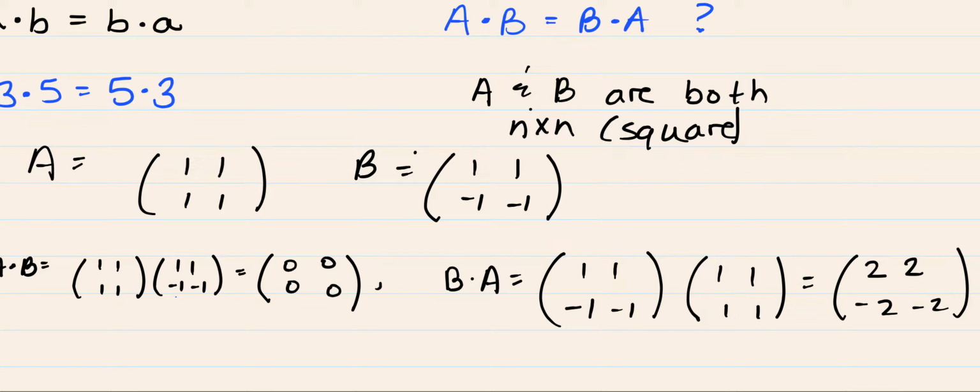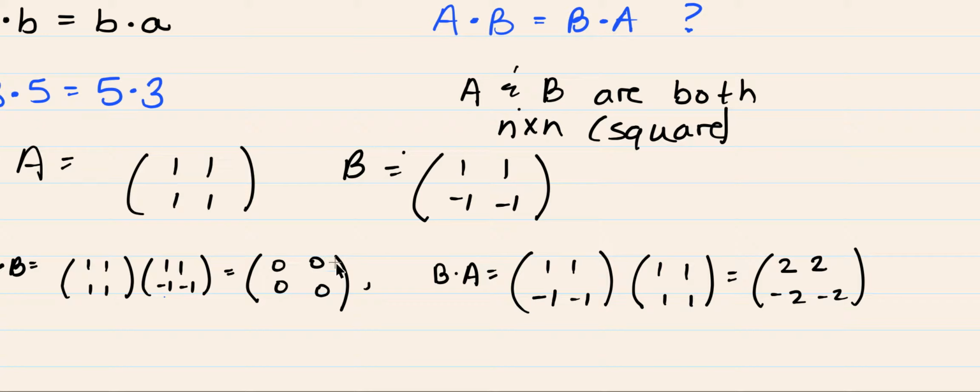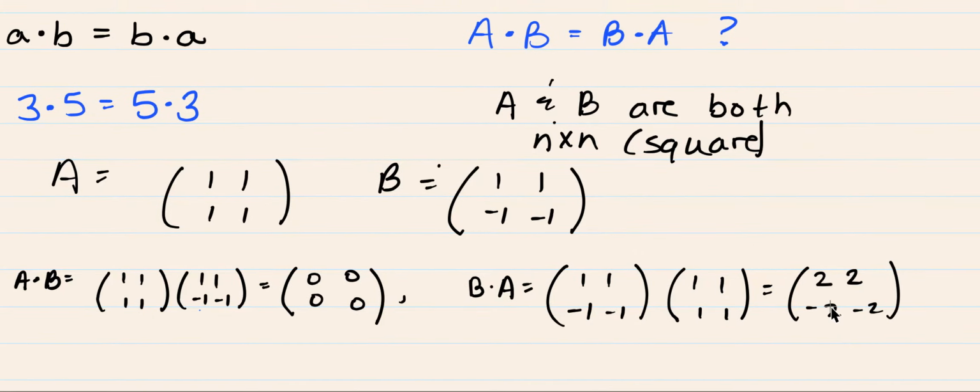And remember, for two matrices to be equal, they have to be the same size, and they also have to have the same entries. Here I have 0, 0, 0, 0. Here I have 2, 2, negative 2, negative 2. These are obviously not the same matrices. So here I've shown you that I have two matrices, and I can actually define A times B and B times A, but they are not equal. So matrices are not commutative under multiplication.